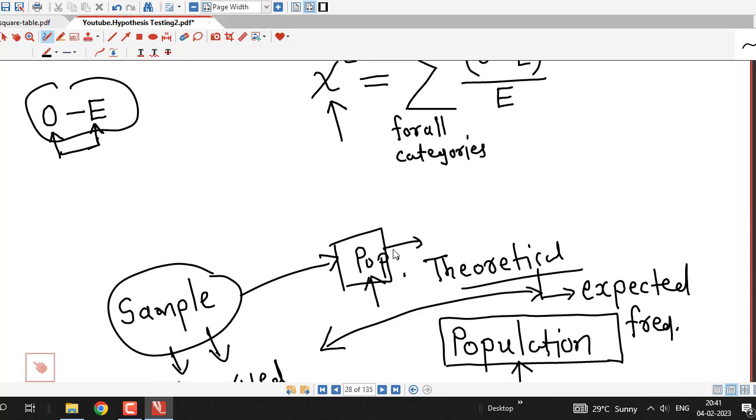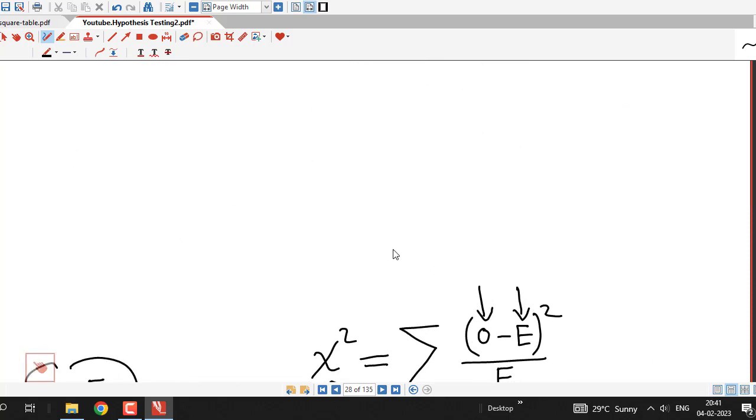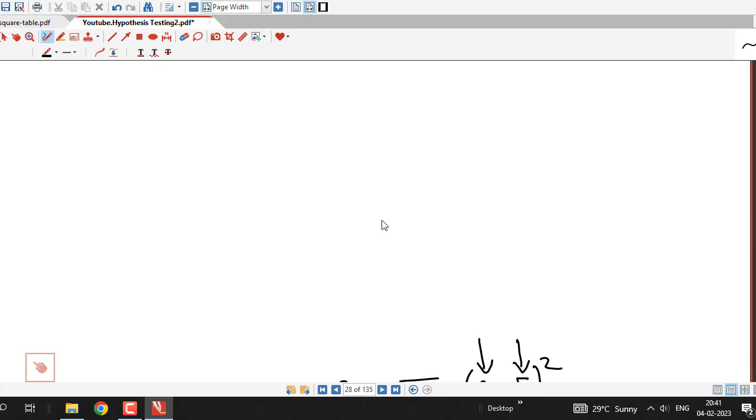Now after calculating this test statistic, we have to find the critical value for the chi-square distribution. For that we will require the level of significance. If it is not given, we will consider alpha equal to 0.05, and we will require degrees of freedom also.